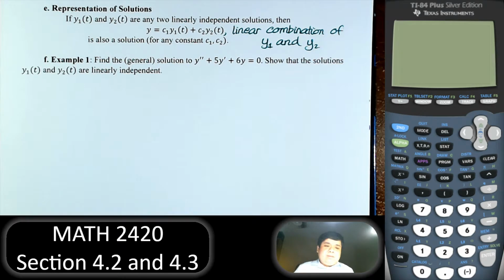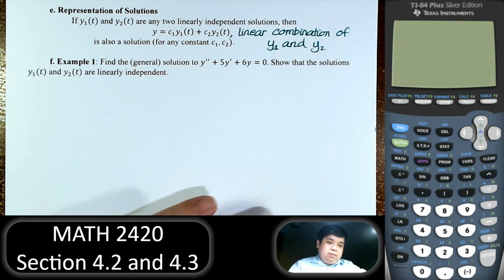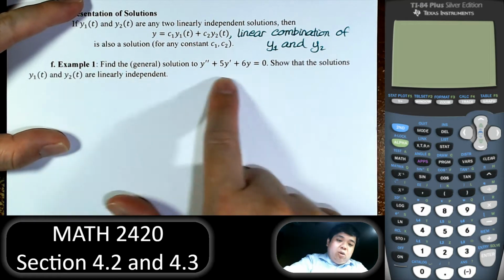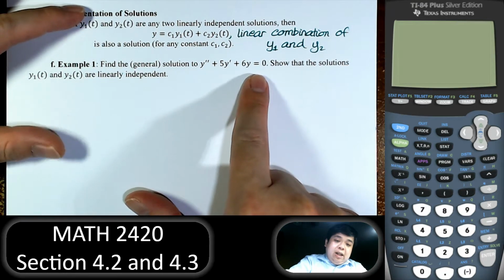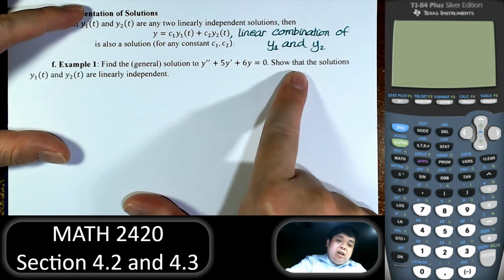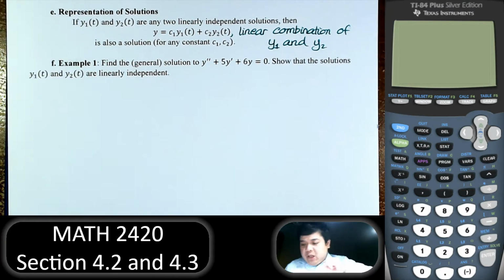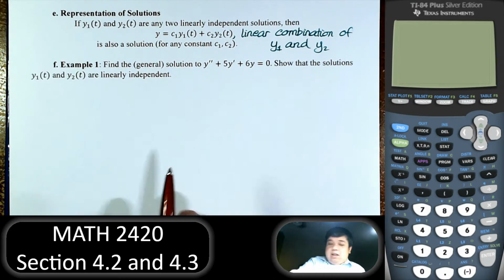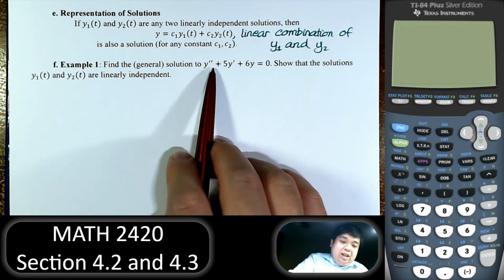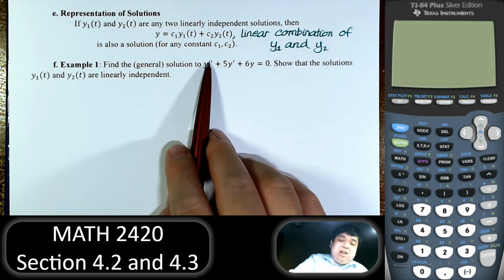So that's as good as finding the solution directly. So how do we actually find the solution? Find the general solution for this equation, so that the solutions y1 and y2 are linearly independent. How do we do that? The first step is to check: second order, check.